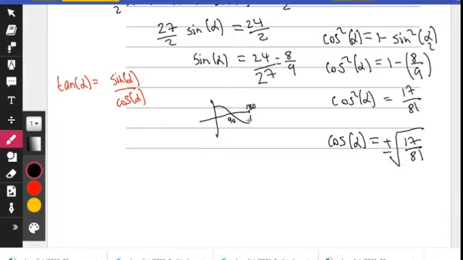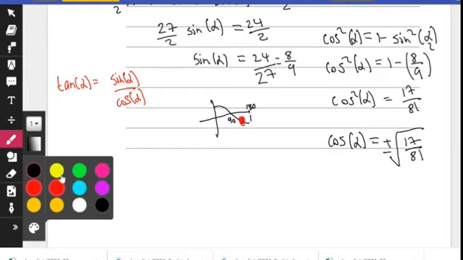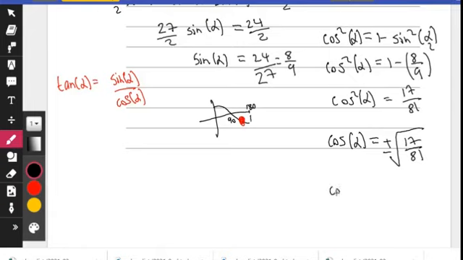Then it's going to be negative, because that's this region here. Between 90 and 180, it's below the x-axis. So therefore, cos of alpha is going to be minus the square root of 17 over 81, which is equal to minus the square root of 17 over 9, taking the square root of 81.